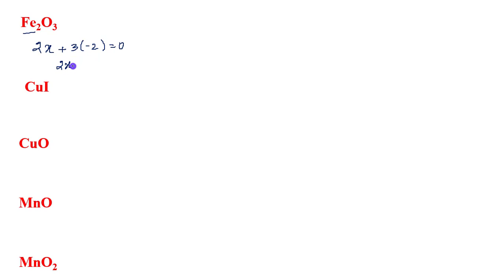So 2x minus 6 equal to 0. 2x will be equal to 6 and x will be equal to 6 by 2, that is equal to 3. Oxidation state is +3, right? So iron in this compound has oxidation state as +3.